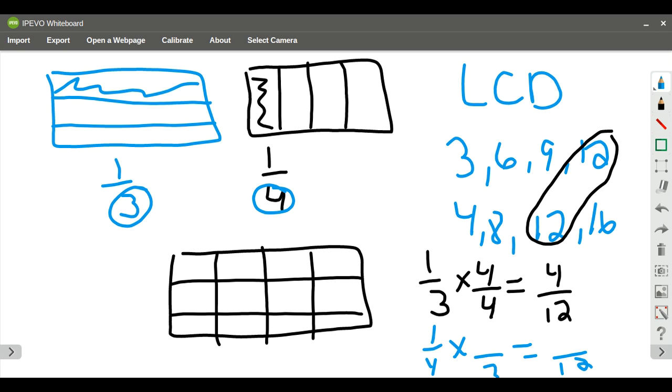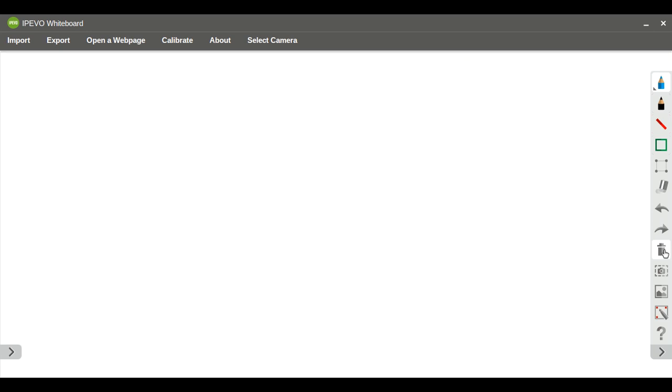So because I multiplied 4 times 3, I have to multiply 1 times 3. So 1 times 3 is going to be 3. So my equivalent fractions: 1/3 is equivalent to 4/12, and 1/4 is equivalent to 3/12.